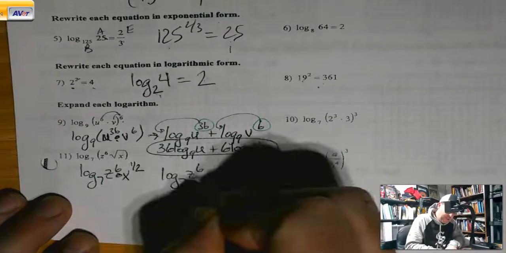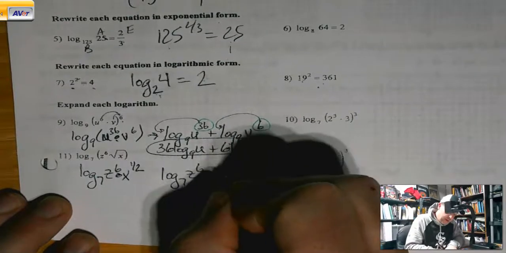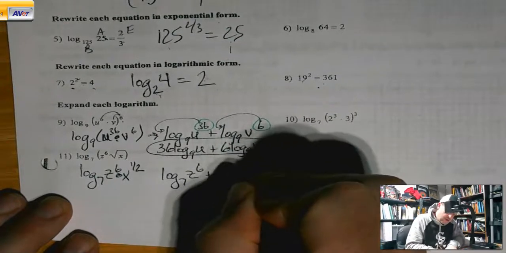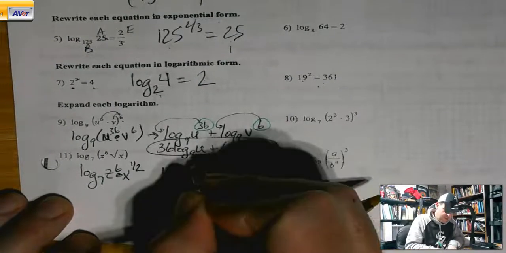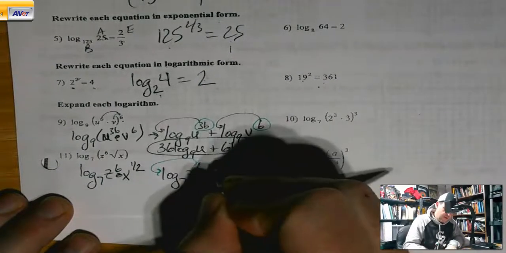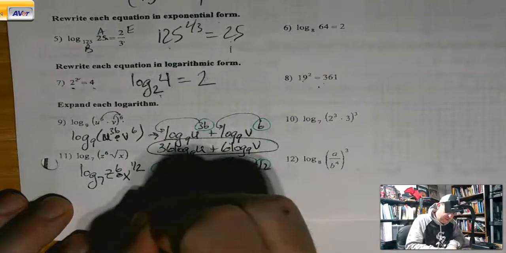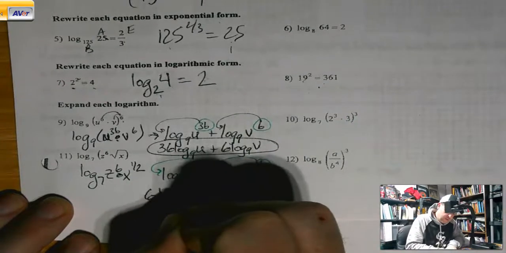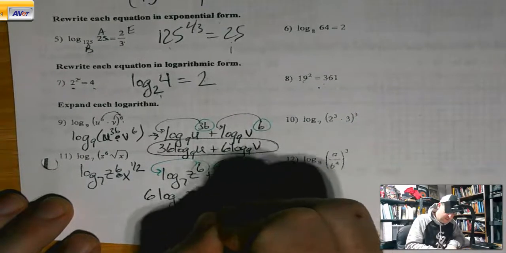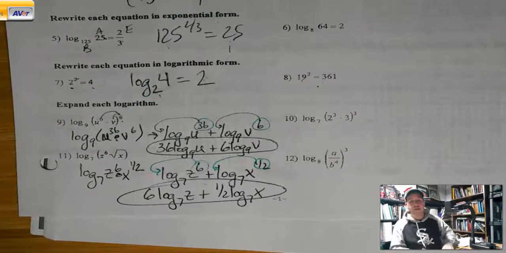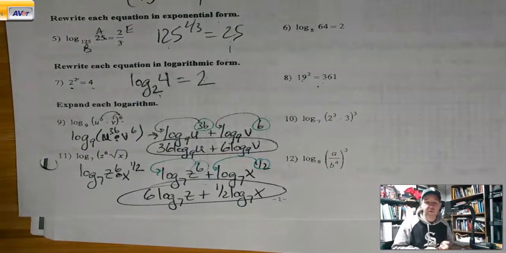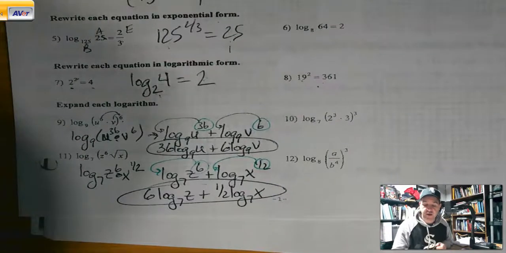When you get to the multiplication dot, it becomes plus, and we start a new log. If there are exponents, they are going to become coefficients. At the end, you should see no more division, no more multiplication, no more exponents, if you've done your expansion correctly.